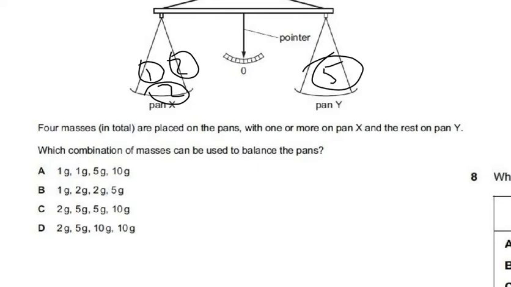Although I probably did that backwards. Anyway, it doesn't really matter. You put those 3 of those masses, 1, 2, and 2 on one of the pans, 5 on the other pan. Bam. Those add up to 5. This is 5. It would balance. All right? So the answer, we just stop right there. The answer is B.